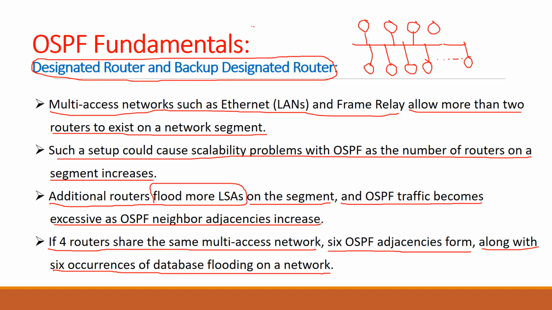What this means, if we have 4 routers here sharing the same network segment, this router will form a neighbor relationship with this router, and the second, third, fourth, fifth, and sixth. So 6 OSPF adjacencies form, no other possibility here. And this will cause 6 occurrences of database flooding on the network.